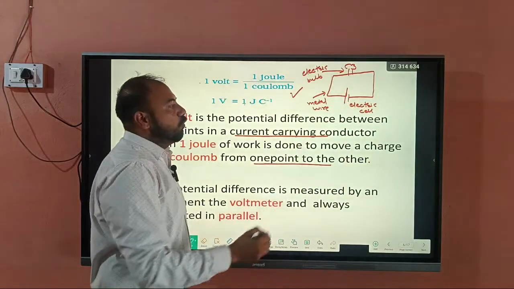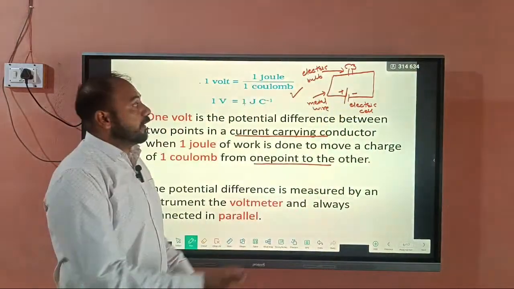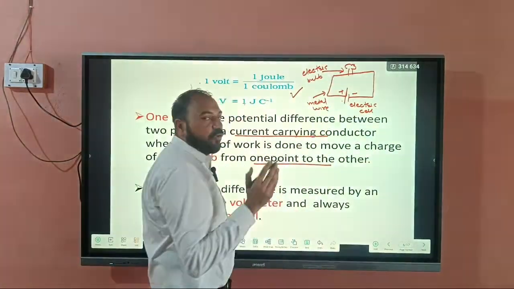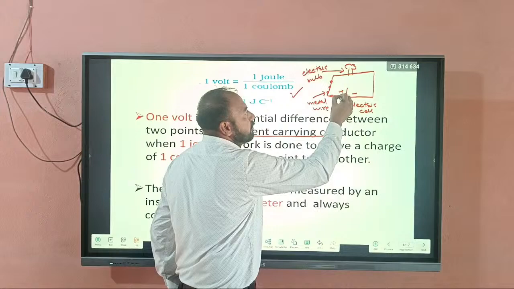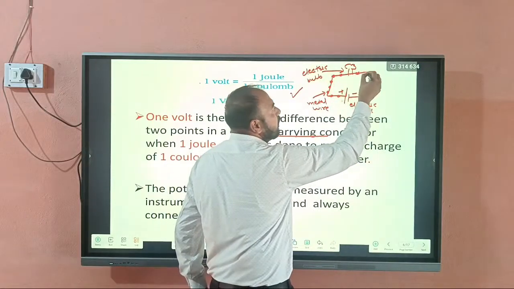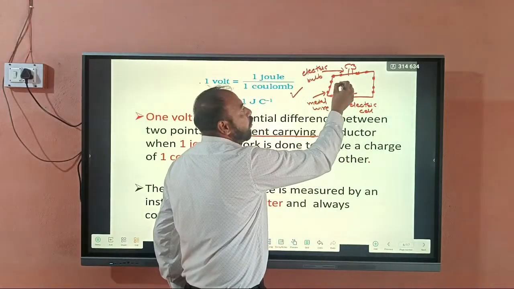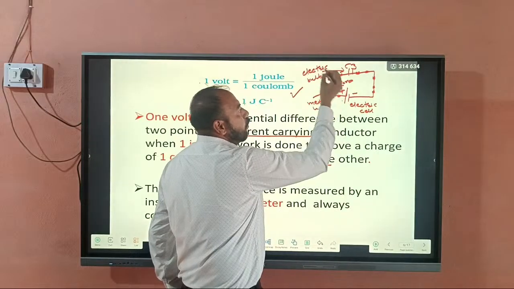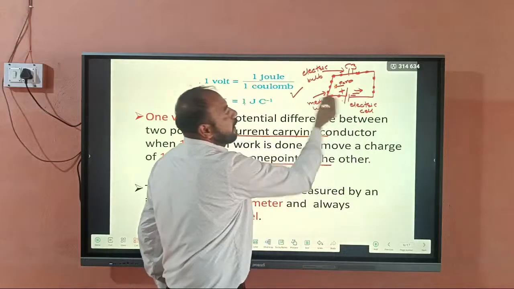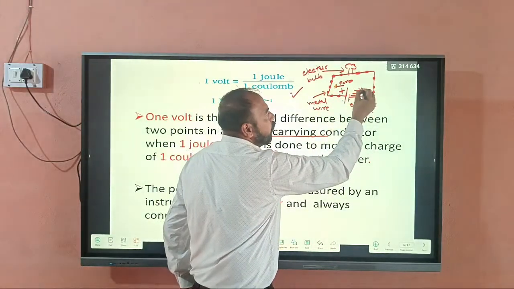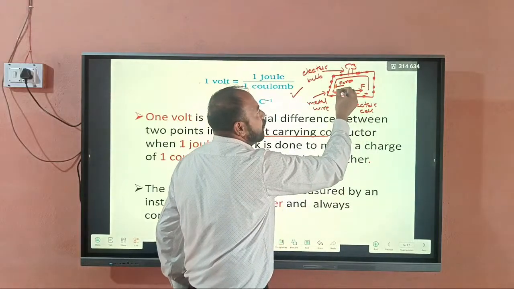This electric cell consists of two terminals, a positive terminal and a negative terminal. Electrons are present in the wire. The terminals apply force on the electrons. This is negative and this is positive, and the electrons are attracted by the positive end.